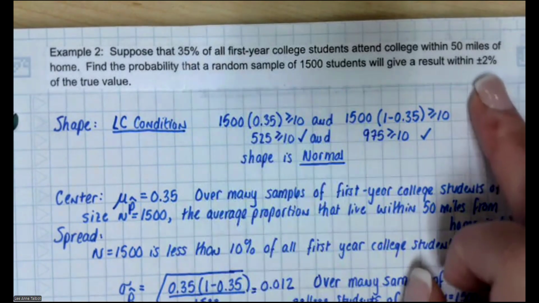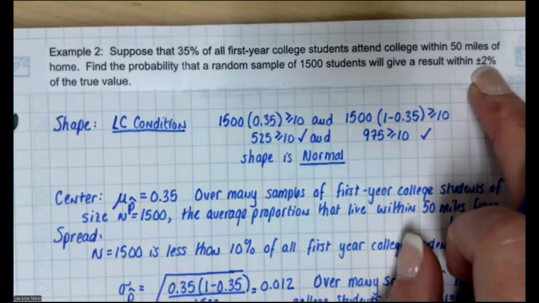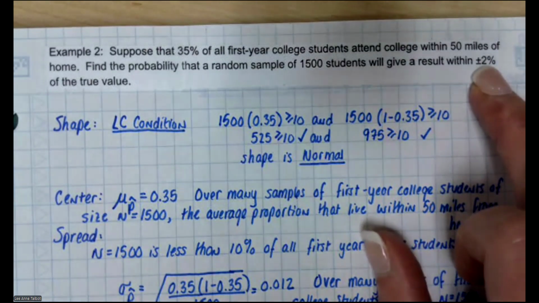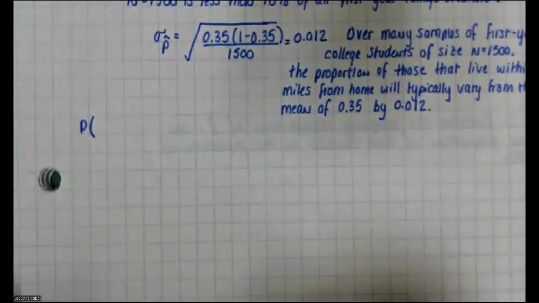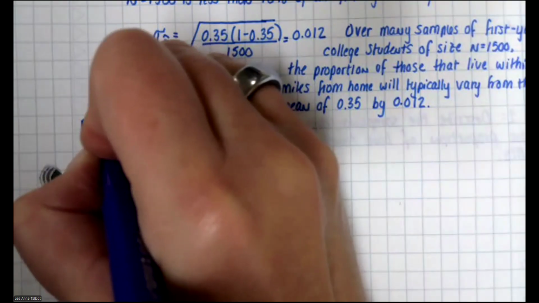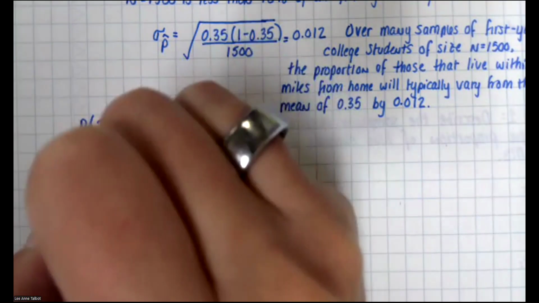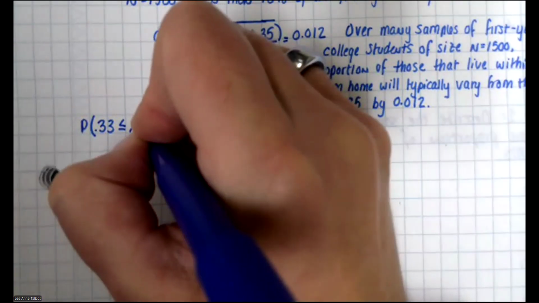Okay, so what numbers are within plus or minus 2% of 35%? You're gonna just write it. What numbers are within 33 and 37? Okay. That's wrong, but you can fix it by doing that.